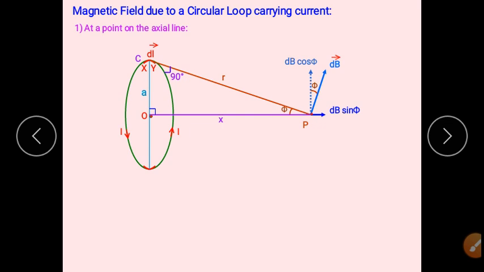Next, remember all these things. First, we considered a circular coil carrying a current I, which is kept in the YZ plane, that is, perpendicular to the plane of drawing.